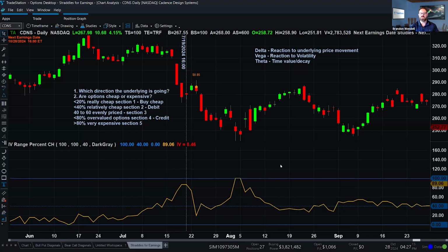So even if you had done, say, a bullish strategy right here, but you bought options and the prices went up, let's say you bought calls here, when that volatility dropped, you're losing on Vega, and it could be almost as much as you're gaining on the Delta, if not more, plus time decay. So in this case, you might have been better off selling puts with high value because those puts would drop in value, especially because prices are going up and volatility is going down.